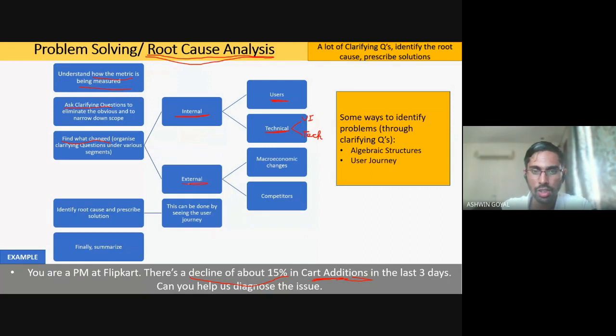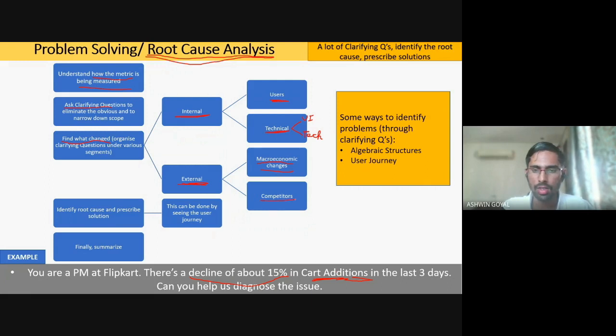And then the external questions, whether there was some new macroeconomic policy or whether there was a new government regulation. For example, let's say there's some new tax which has been introduced and people know that goods have become very expensive. So fewer people are going on Flipkart and buying. So that would naturally decrease the cart additions.